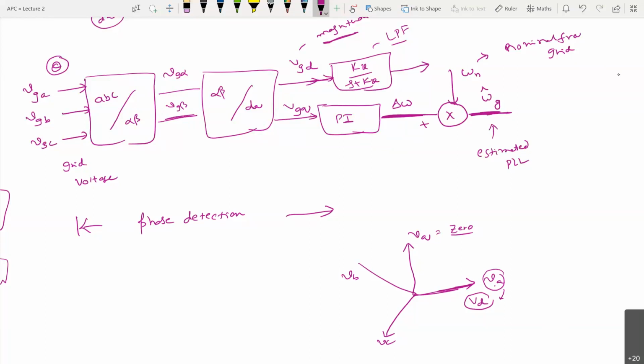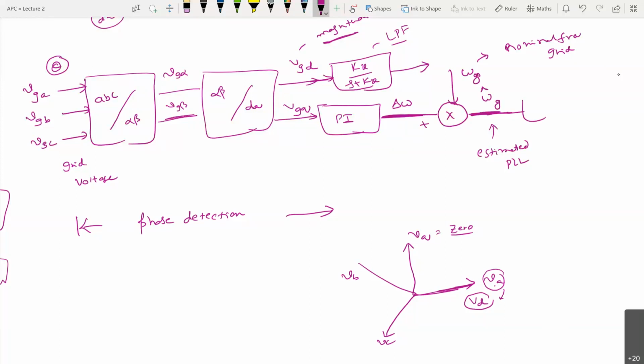So omega n is the grid frequency. To avoid confusion, omega g is the grid frequency, and omega g bar is the estimated frequency of this PLL, right?